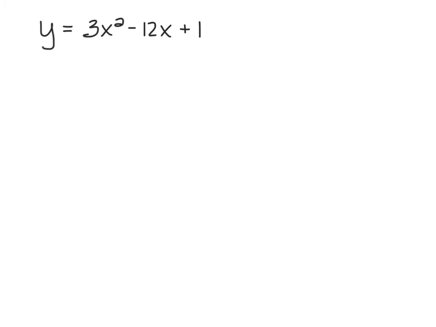So let's look at one of the more difficult ones, because we have a problem here in which the coefficient of x squared has to be 1, or I can't complete the square. So let's do the directions. The first step is to bring the constant to the other side. The second step is going to have to be to factor that 3 out.